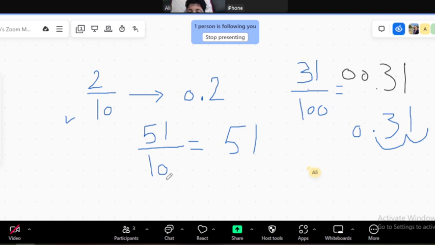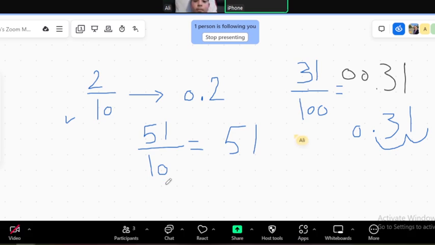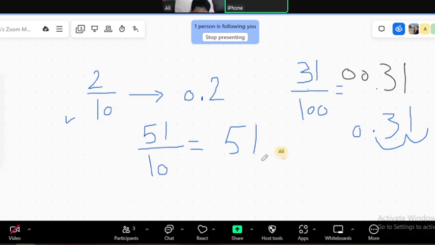How many zeros in the denominator? 1. So count how many steps to put the decimal point. From right to left, count 1 step and put the decimal point. So the number is 5.1.